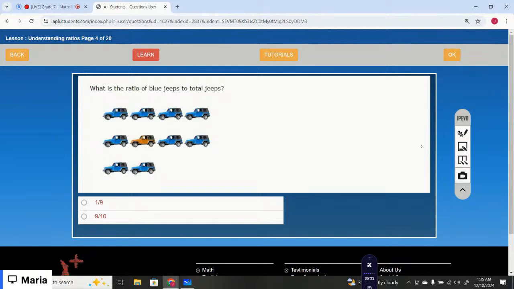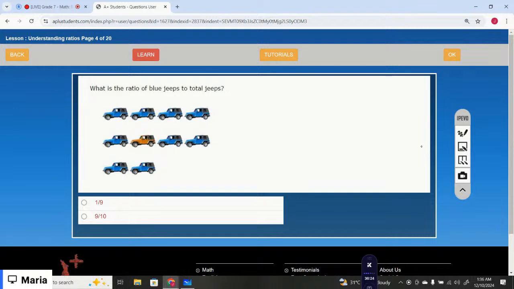What is the ratio of the blue jeeps to total jeeps? So which is the correct option? That is 9 to 10.